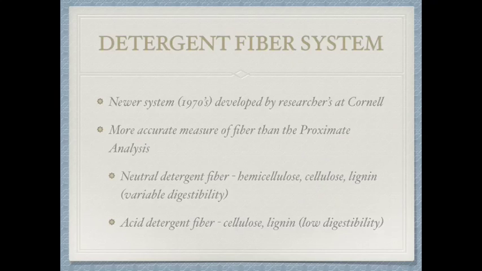Some researchers at Cornell University in the 70s, Peter Van Soest, worked on developing the detergent fiber system, especially dealing with forages and high-fiber feeds. That's what this system is developed for, and it's a more accurate measure of fiber.